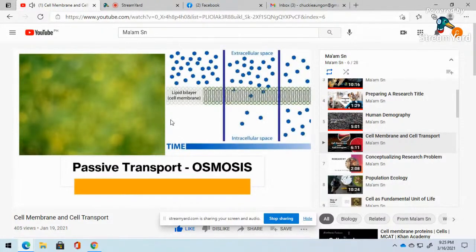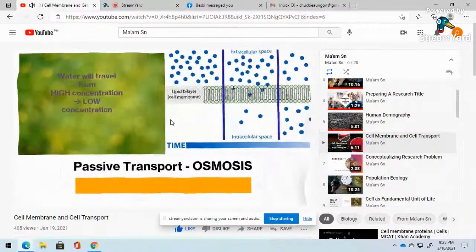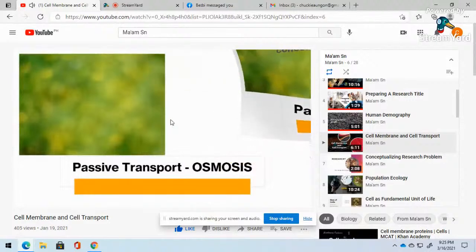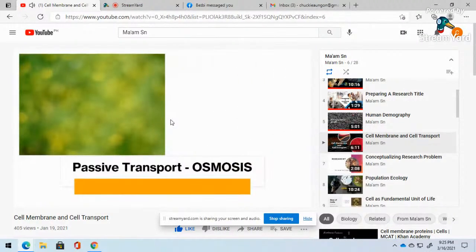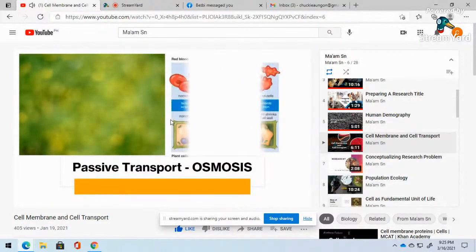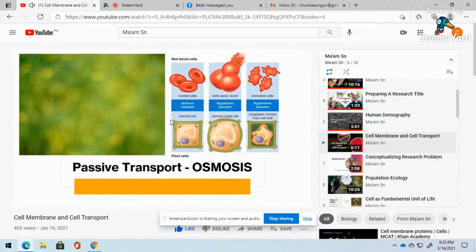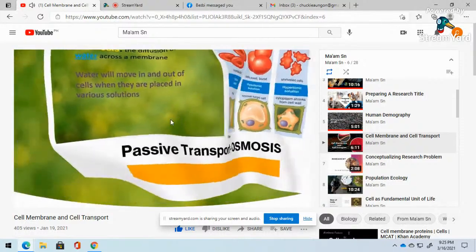An example is osmosis. Water will travel from high concentration to low concentration. Osmosis is the diffusion of water across the membrane. Water will move in and out of cells and manifest in various solutions.